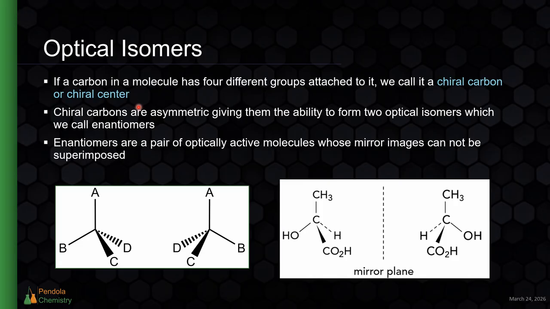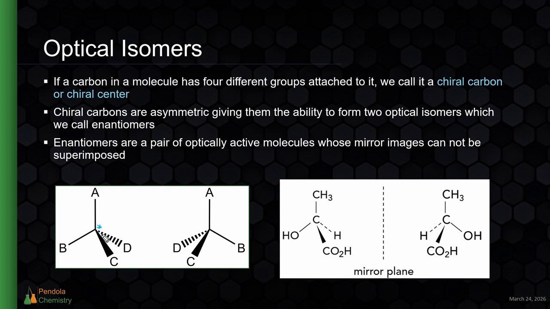And optical isomerism is very complex because it requires a lot of visualization. If a carbon in a molecule has 4 different groups attached to it, we call this a chiral carbon or a chiral center. So we can see that here. This carbon, and we'll just use A, B, C, D for now.